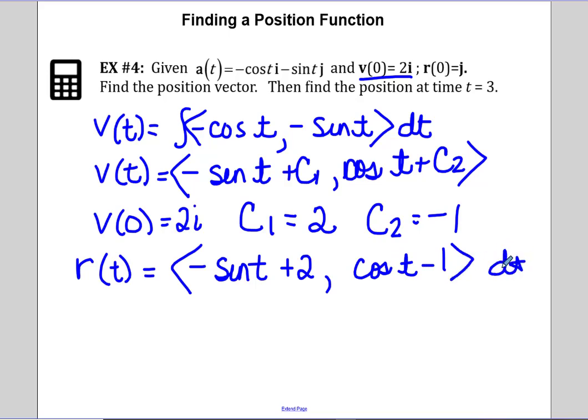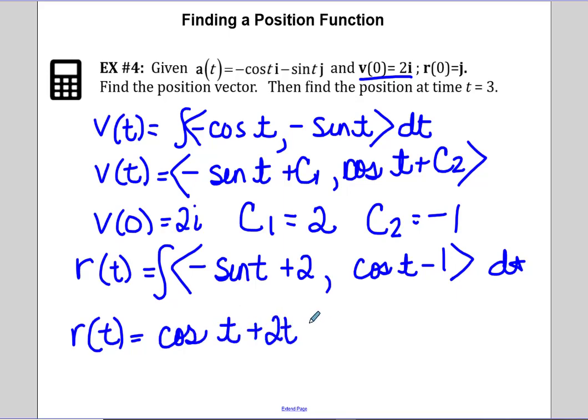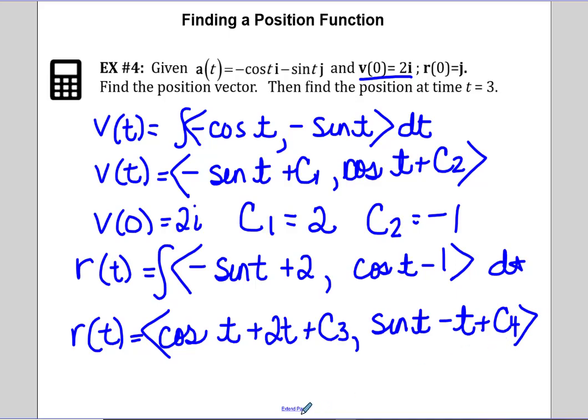We can integrate this, and by integrating, we've got the cosine of t plus 2t and a new constant, we'll call that c sub 3. And then for this piece, we've got the sine of t minus t plus a new constant for the j term. And then back here, they've told us that r sub 0 is j.